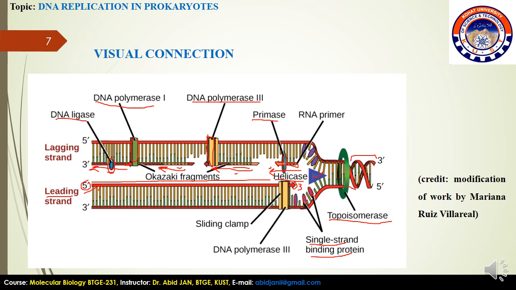The replication fork moves at the rate of 1000 nucleotides per second in a typical prokaryotic cell.